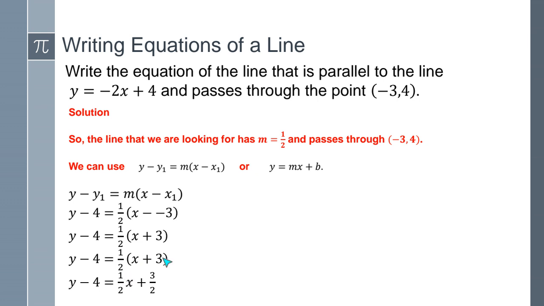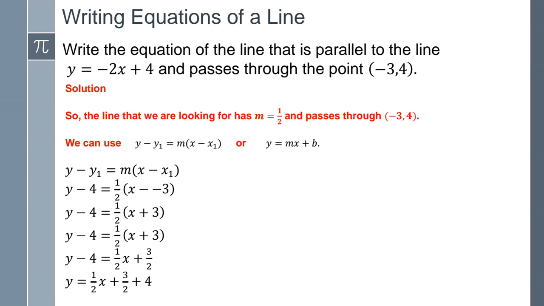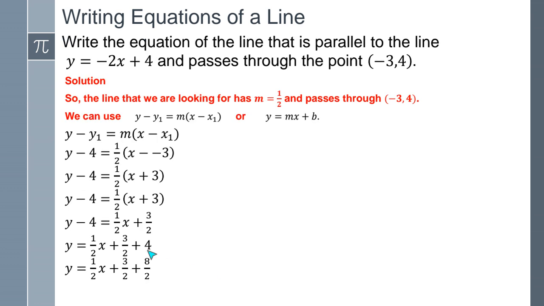Now we add 4 on both sides. In order to add 3/2 and 4, I need a common denominator, which is going to be 2. So 4 can be rewritten as 8 divided by 2. Now that they have the same denominator, I can add 8 plus 3, which is 11/2. So this would be the equation of that perpendicular line.